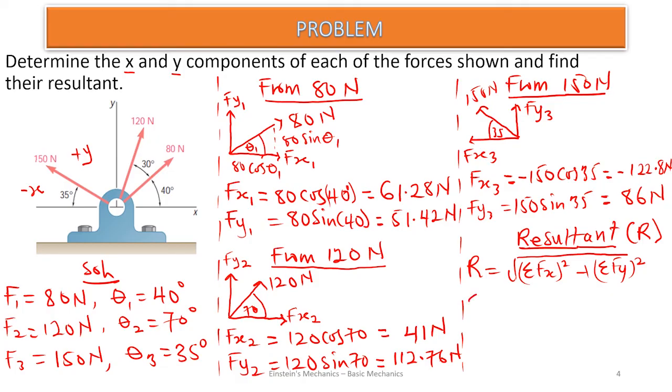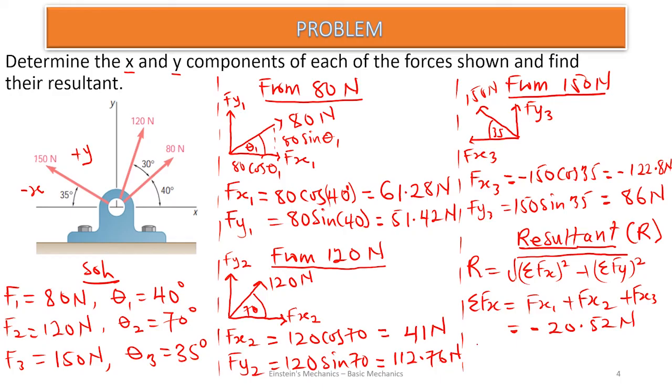So summation of forces on the x, that is going to be fx1 plus fx2 plus fx3, and the summation is going to give us a simple answer of negative 20.52 newtons. You sum 61 plus 41 and plus negative that.